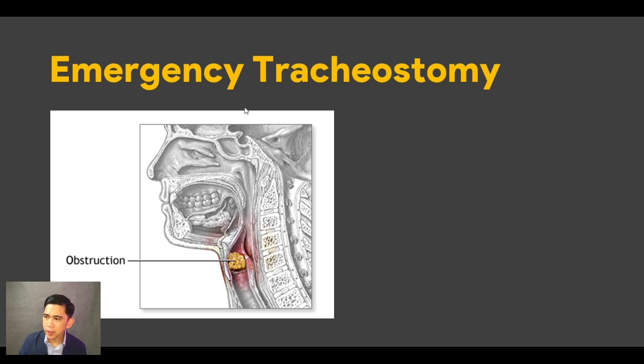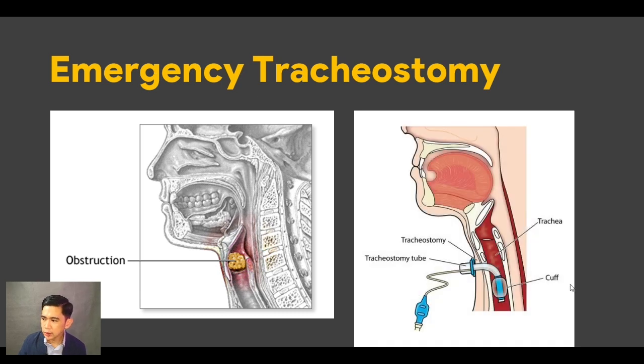And an emergency tracheostomy will provide a bypass, and the patient may be able to breathe even though there is an obstruction. So you might notice that in patients with choking, or patients with tumors of the upper airway. So here the patient breathes through the tube and air goes downward. So that's an emergency tracheostomy.